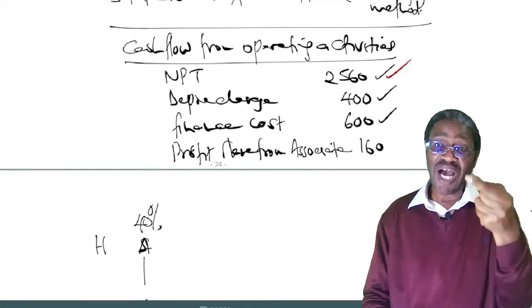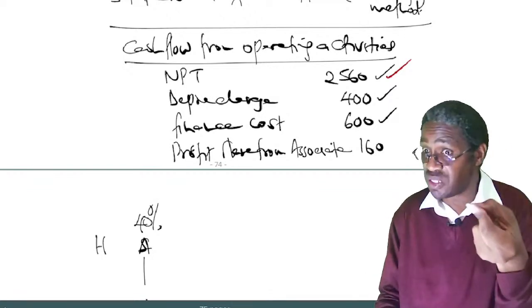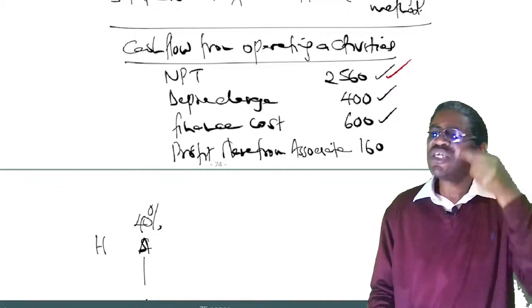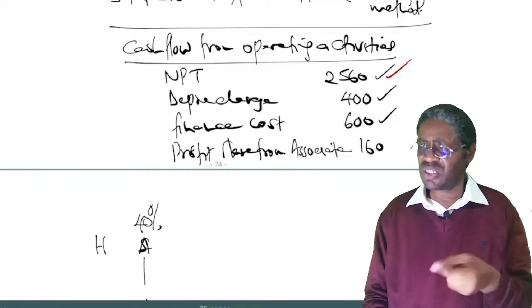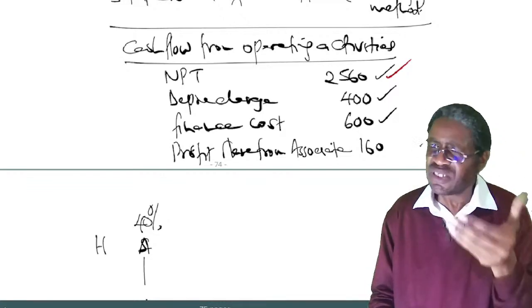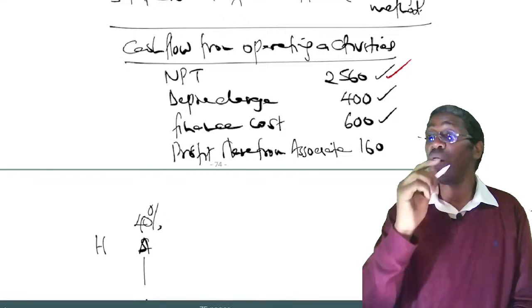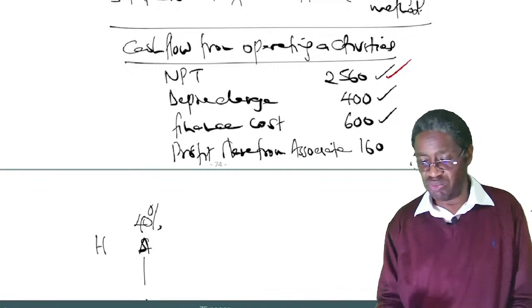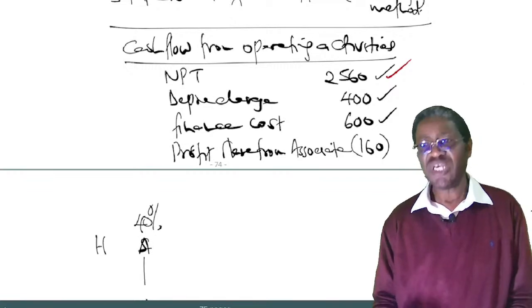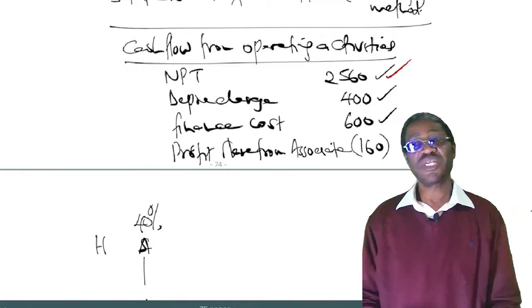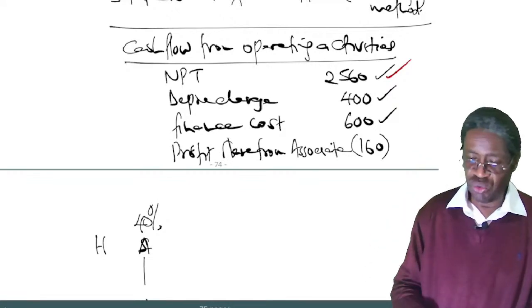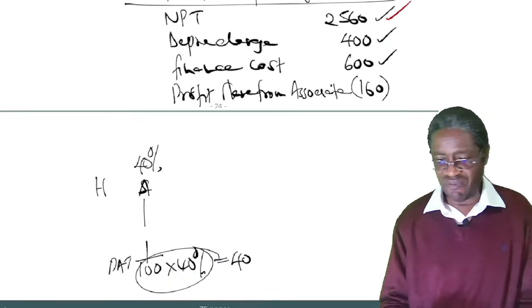That means it was added to arrive at the 2560. But did we receive that 160? No. So what effect did it have on my profit? As far as cash flow is concerned, it made our profit more than it should be, and therefore you minus. Good. So we have removed that.